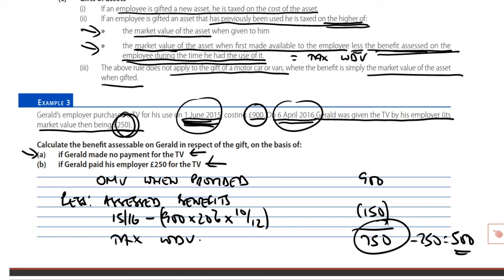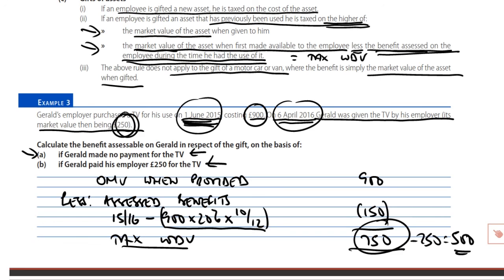As I say, this tax written down value computed there at £750, if the employer had transferred the ownership of the asset part-way through the tax year, you'd have had to work out the equivalent time apportionment, as we just suggested a few minutes ago, for 2016-17, which would further reduce that tax written down value.